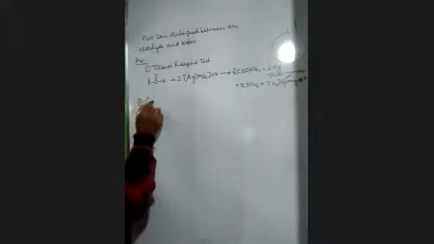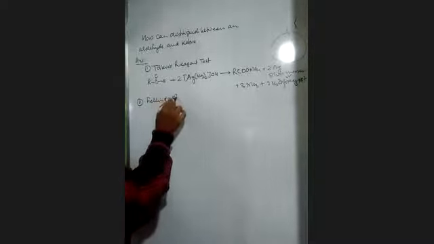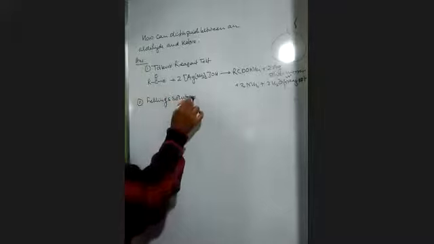Okay. Then second is what? Second one is Fehling's solution test. That also you know what is Fehling's solution. Fehling's solution is a mixture of 2 solutions. Fehling's A is dilute copper sulfate and Fehling's B is the alkaline solution of Rochelle salt, means sodium potassium tartrate. So what equation we are going to write? This.